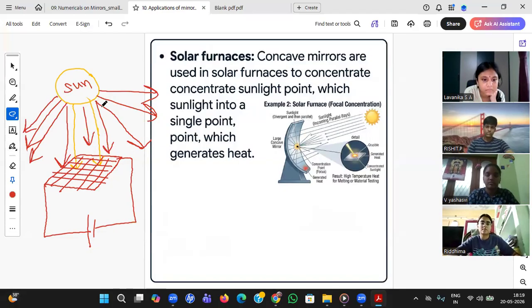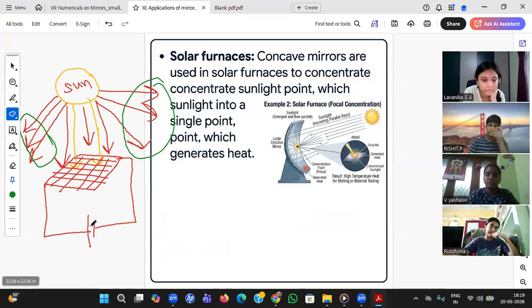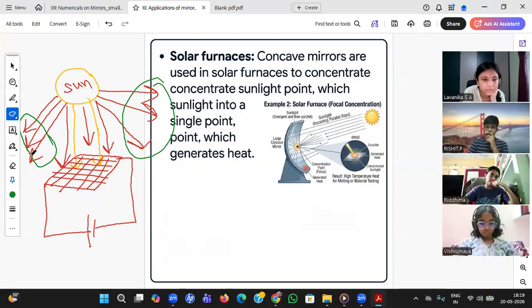What if I ensure that all these rays which are going sideways are also falling on this solar panel? Now more light will fall, more energy will be converted, and more we can use that energy. So how can we ensure the rays which are going sideways fall on this solar panel? That is where this reflector mechanism comes.